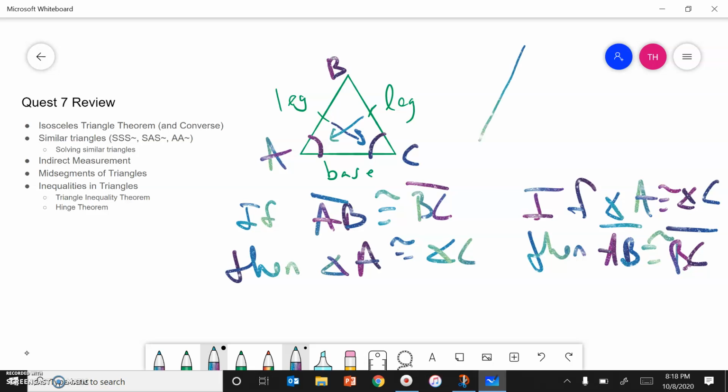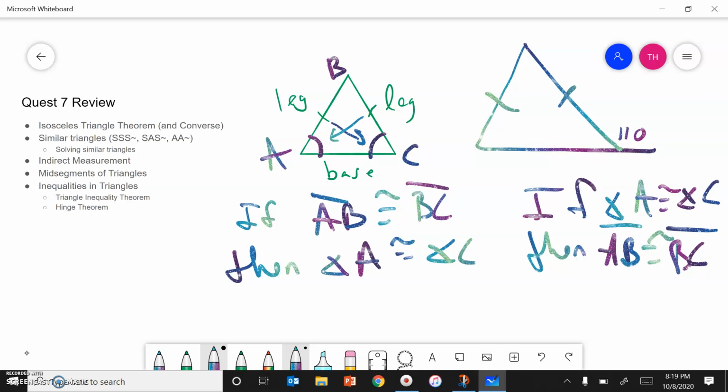If we had a triangle, and I say this triangle is an isosceles triangle, and this angle is 110, that's all you would need.